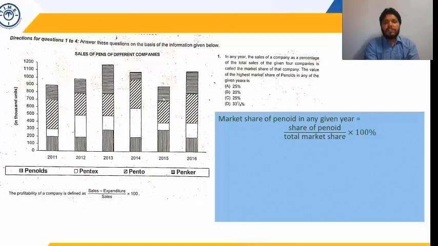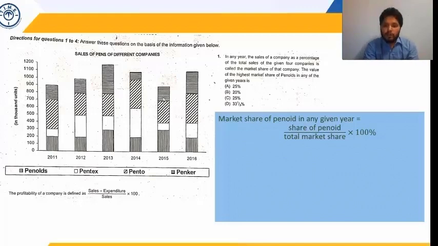So this fraction, which is share of penoid upon total market share, will decide which year we are getting the highest market share. So for any fraction, if we want to maximize this fraction, what fraction? Share of penoid divided by total market share. We just want to maximize it. So to maximize a fraction, we want numerator to be as large as possible and denominator to be as small as possible.